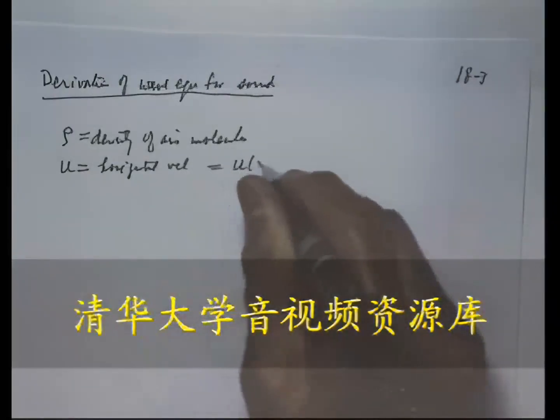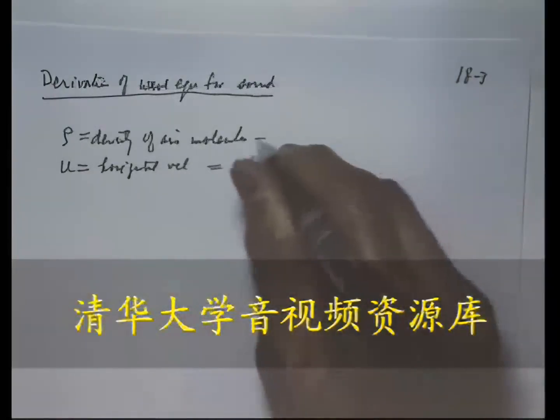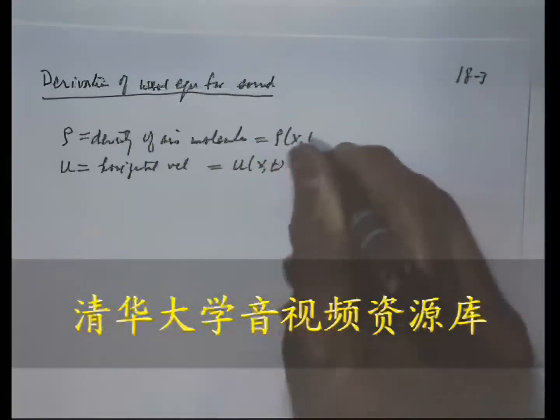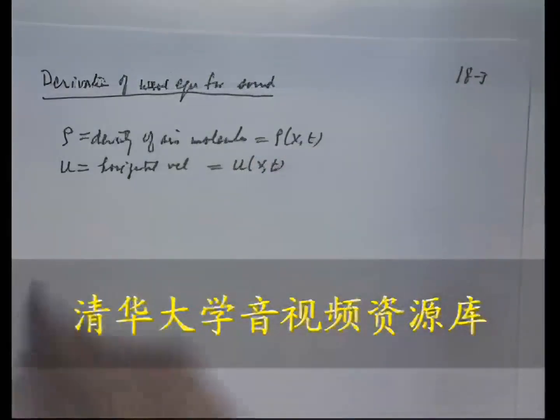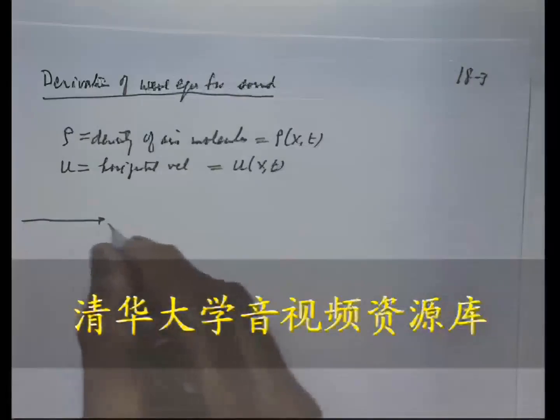u is a function of x and t, and rho is also a function of x and t. The sound wave is moving along the x direction.